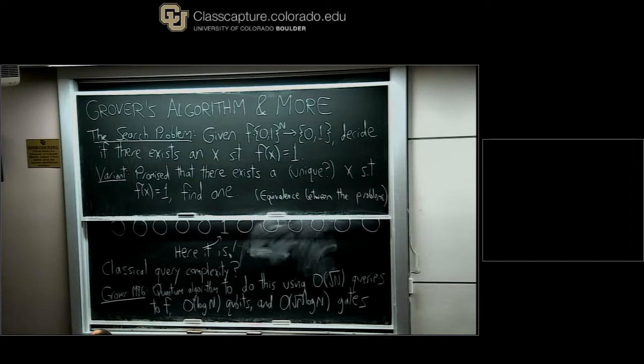And let's say your task is to decide whether there's any input x such that f of x equals 1, or is f just the all zero function? So you're just trying to decide if there's a 1 in a string of length n, in other words. That would be the decision version.